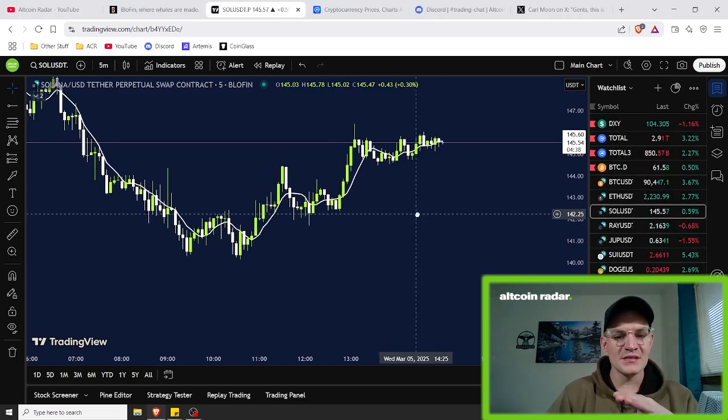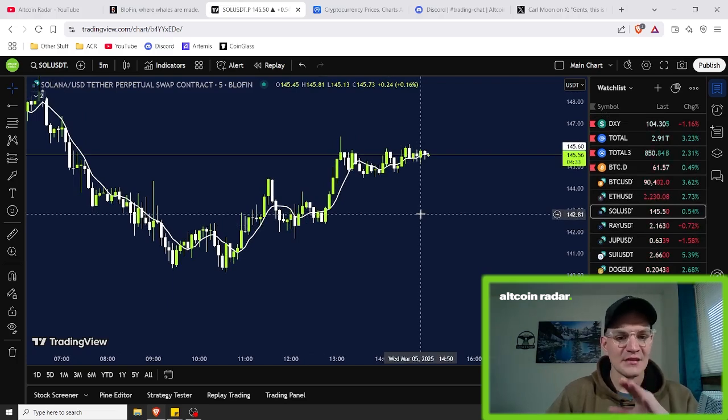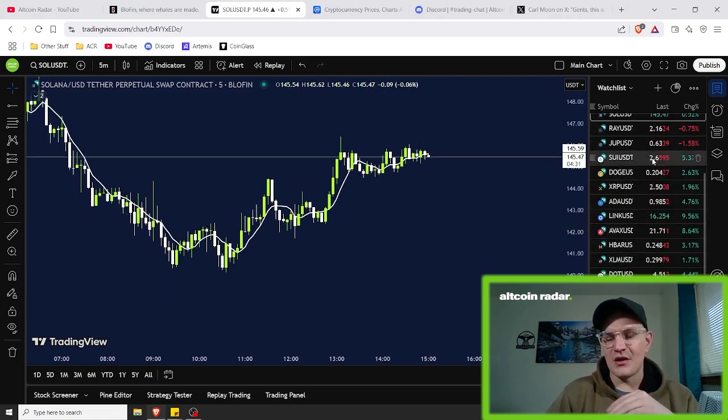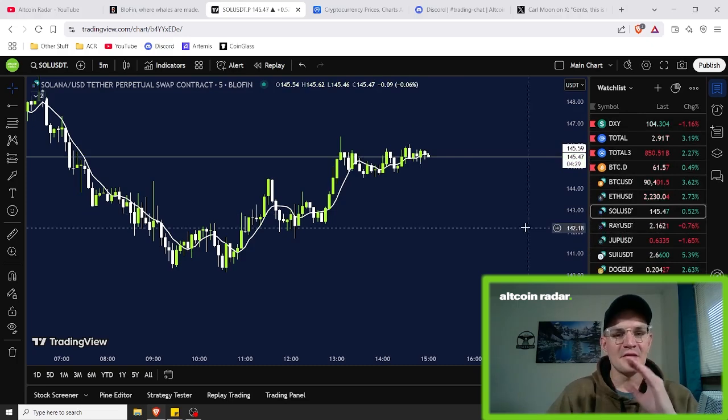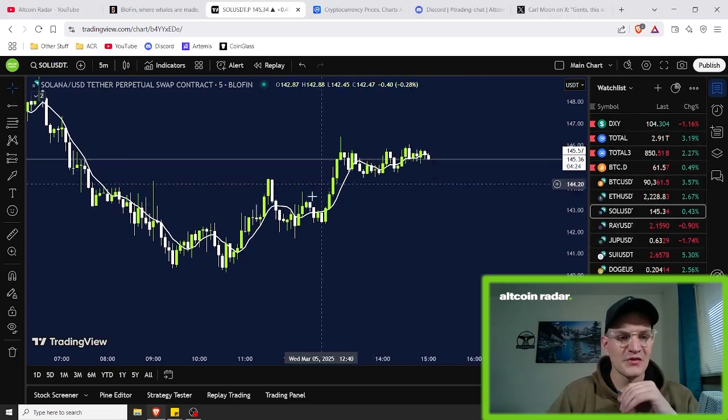And the reason is because I like to scalp coins that have very, very high daily volume. All of these top tier coins have a very large amount of daily volume to be able to trade, which makes them great for trading the 5-minute charts.